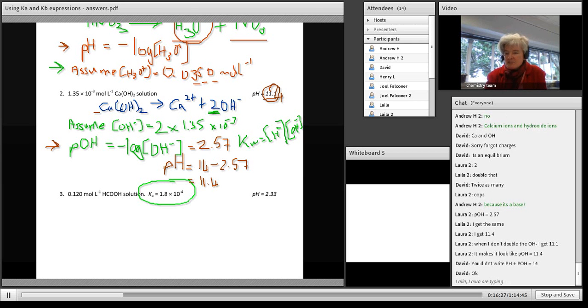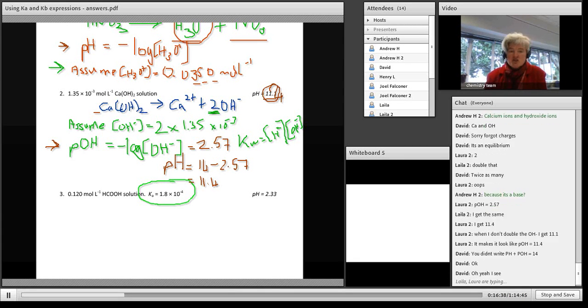But it was just simply the way I wrote equals, equals, equals. It looked as though my final answer was the pOH is equal to 11.4 and not the pH. So just check up that you write in what you are calculating. So in your head, you know exactly what you're doing, but what's written on paper looks like mathematical nonsense.